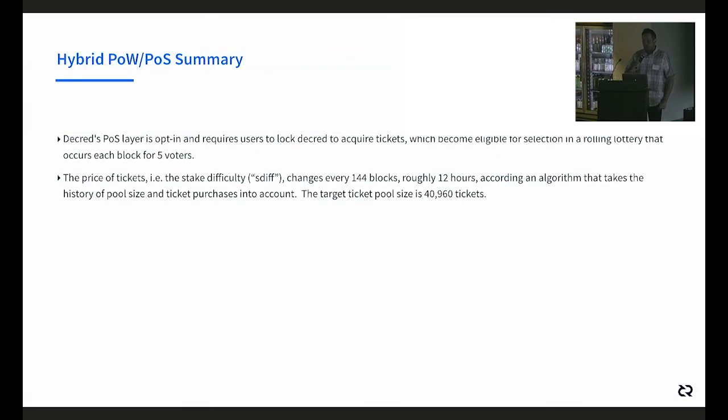The subsidy of each block is split three ways. This is how we accomplish what was mentioned in one of the first couple slides, which is that 60% of the subsidy goes to proof of work, and that's because if you're doing proof of work, you have to buy hardware, and you have to run it, you have to supply it with power. So we figured it still makes sense for the majority of the subsidy to go to proof of work miners.